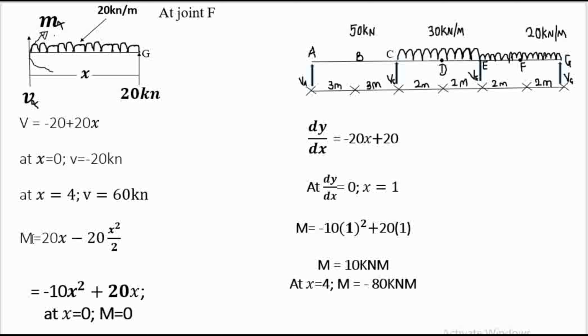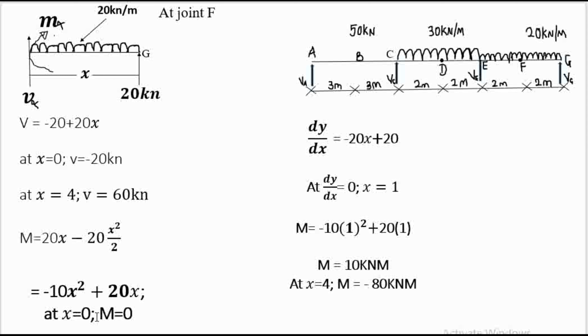So we're going to have M alpha equal to 20, which will cover a distance of x, then minus 20 multiplied by the span of the UDL, which is x, multiplied by x over 2, like we did in the previous UDL, to have minus 10x squared plus 20x as the expression for the bending moment.